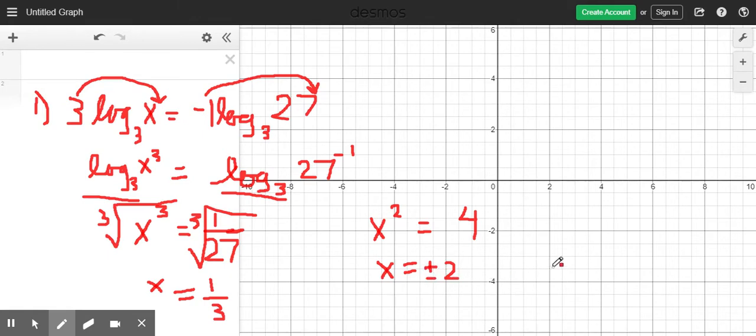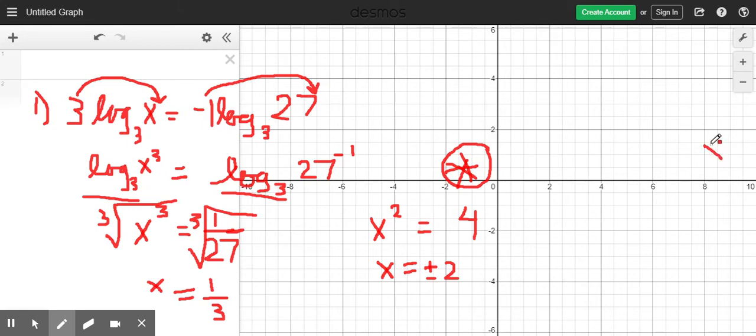So don't forget that plus or minus if you've got an even power. So that's something that you need to remember. You should put it on your note card.